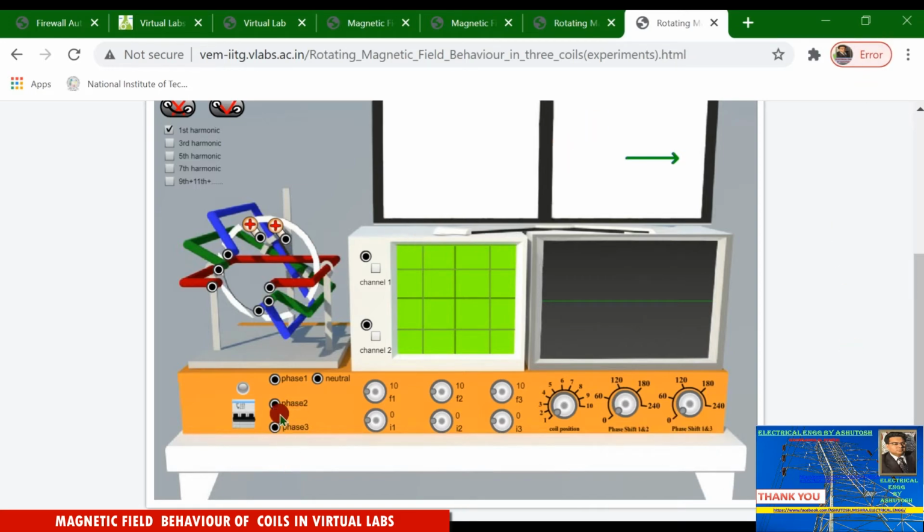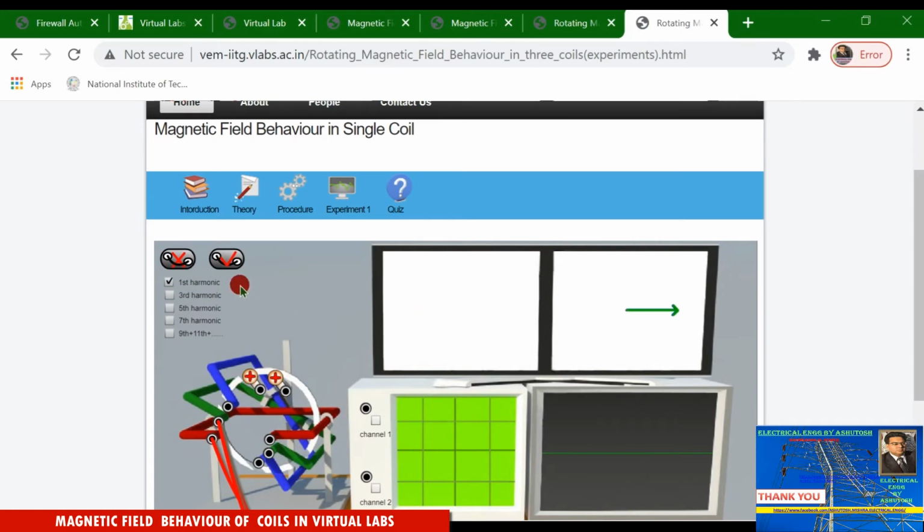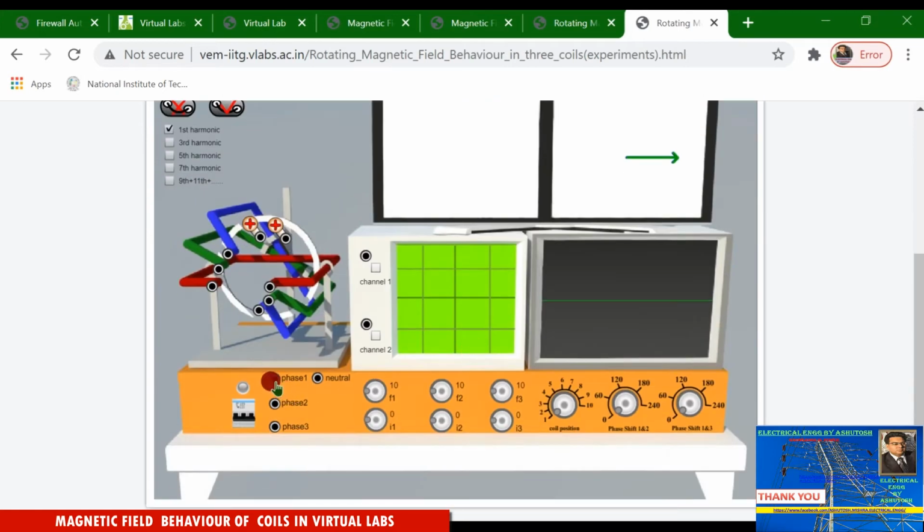Change the angle between the first and second phase and the first and third phase. So now you start making the connections, following the circuit diagram. Connect the first, the second phase, and then the third phase. Sorry, you can reset it, remove all wires, and connect again phase one, phase number two, and phase number three. Then the neutral will be formed.